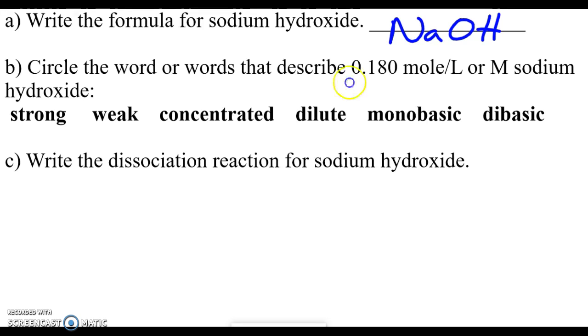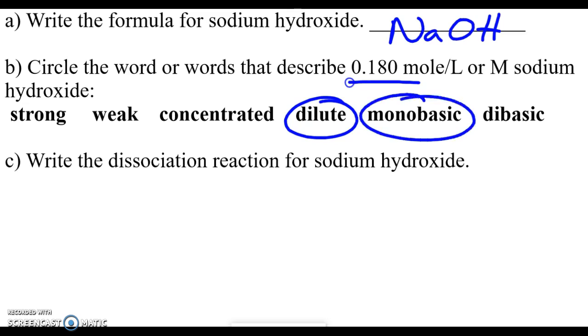First of all, we said anything that is less than 1 molar is considered dilute. Monobasic means it's got one hydroxide in the molecule, so this is monobasic. And is this a strong or a weak base? This is a strong base. Again, those three things are covered on the cover of your unit pack.